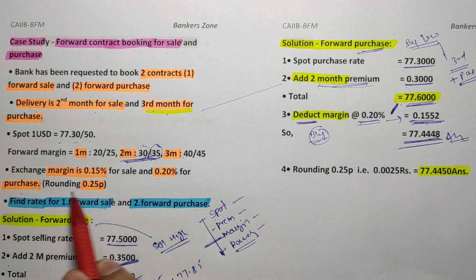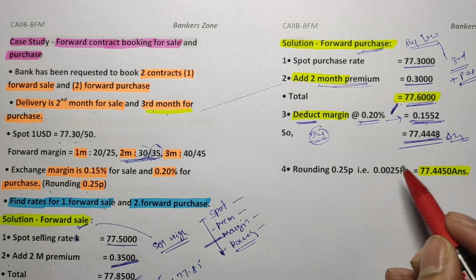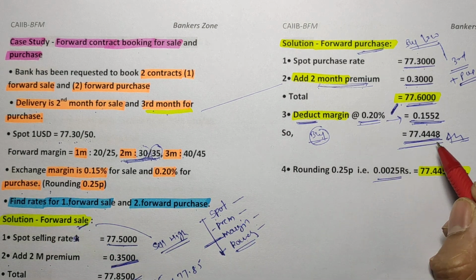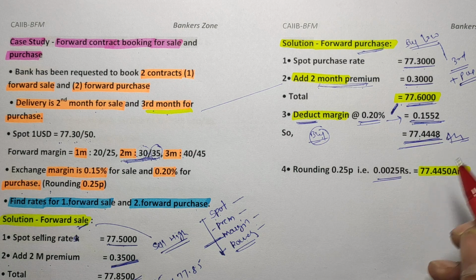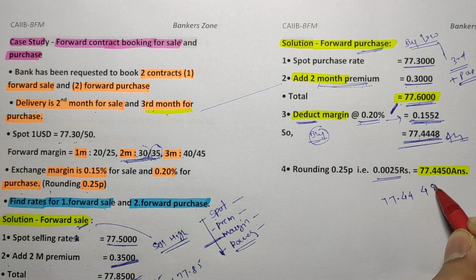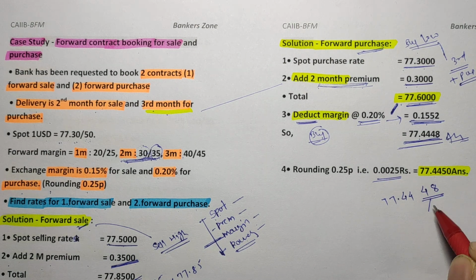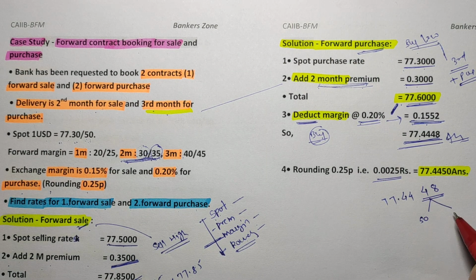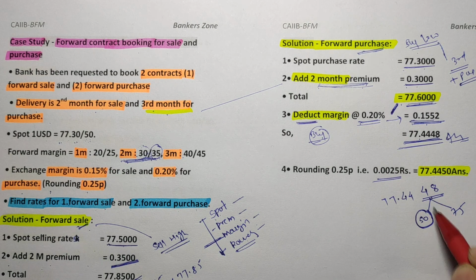And now the last step is rounding off. How to do the rounding off? I have already told you. Just find the third and fourth digits after the decimal point. That is 77.44, and the third and fourth digits are 48, whose nearest multiple of 25 is 50, out of 50 and 75. So just replace that 48 by 50.